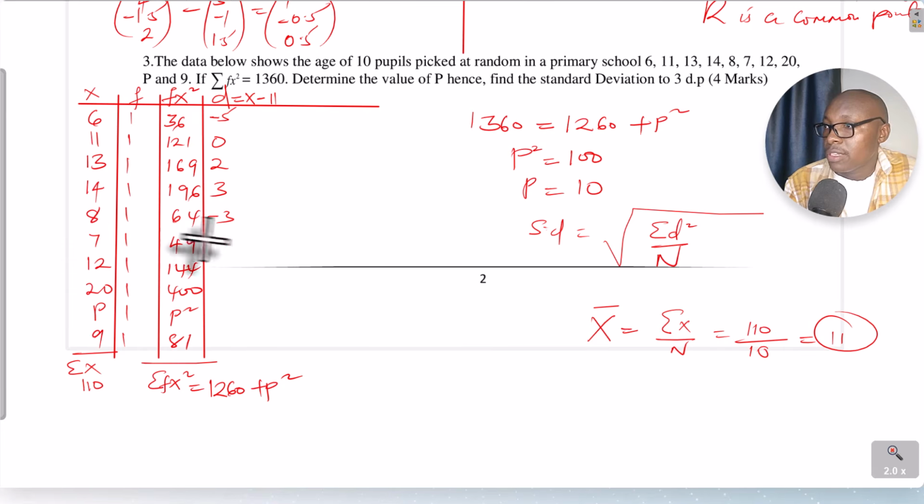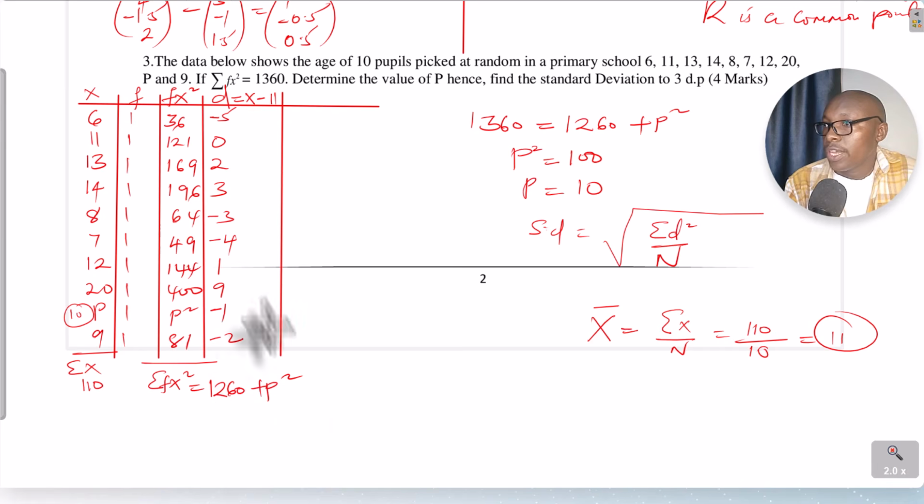Then 7 minus 11 will give negative 4. 12 minus 11 is 1. 20 minus 11 is 9. Then we have 10 here. P is 10, so 10 minus 11 is negative 1. And then 9 minus 11 is negative 2. So that is the deviation.